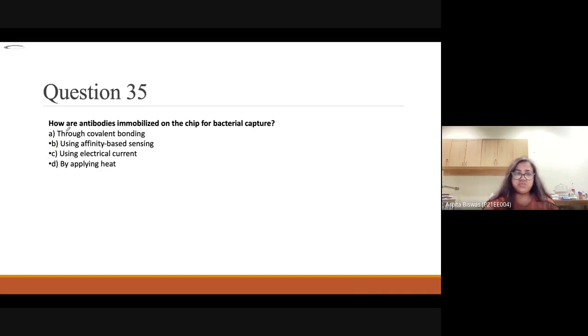Okay. So next, moving to question number 35. How are antibodies immobilized on the chip for bacterial capture? The first option is through covalent bonding, and the second option is using affinity-based sensing. The third option is using electrical current, and the fourth option is by applying heat.